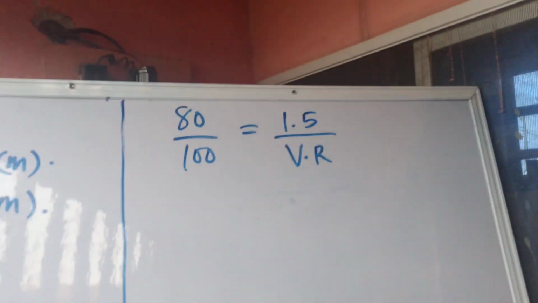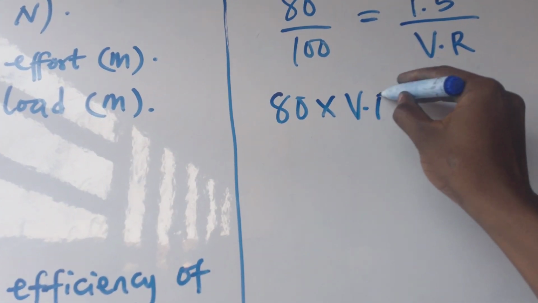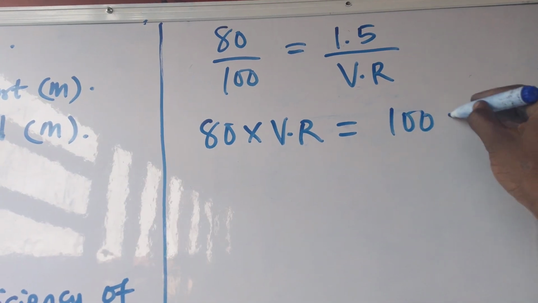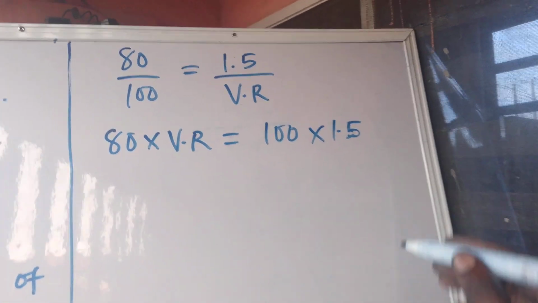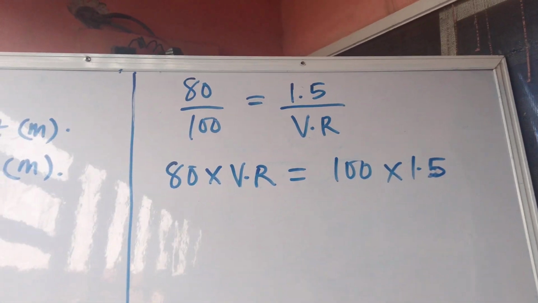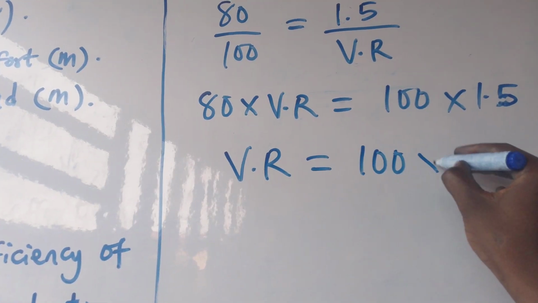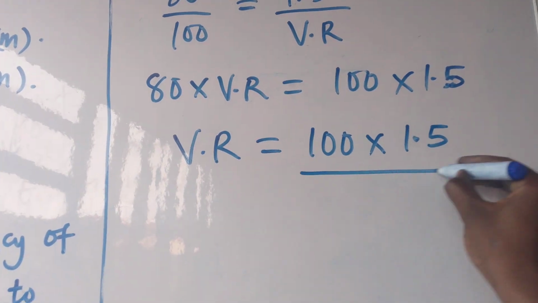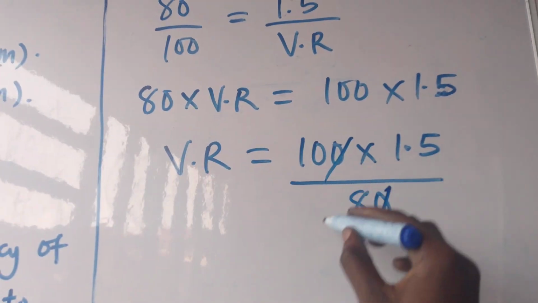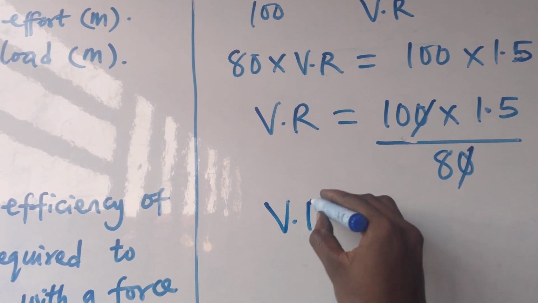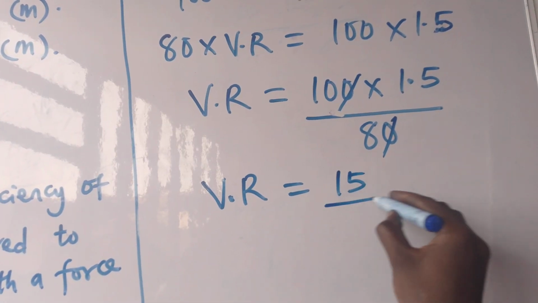If I then cross multiply, that is 80 times VR equals 100 times 1.5. If I divide by the coefficient of velocity ratio, I have the velocity ratio is equal to 100 multiplied by 1.5 divided by 80. This will cancel, so I have a velocity ratio equal to 10 times 1.5, which is 15, divided by 8.